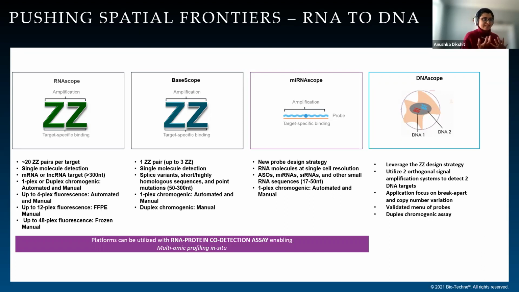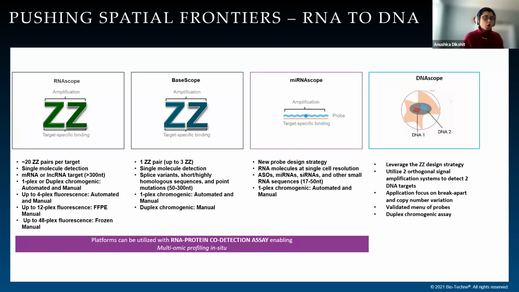And so with this assay, we have really entered the realm of a new biomolecule, which is DNA. And currently we make this assay available as a duplex assay where you can visualize copy number variations, gene fusions, translocations, or integrated sequences in your genome.